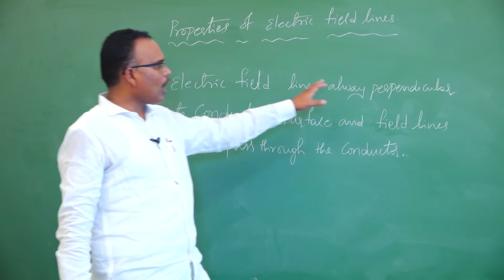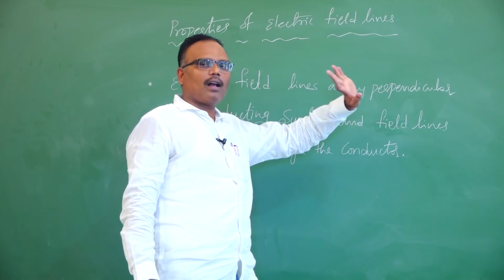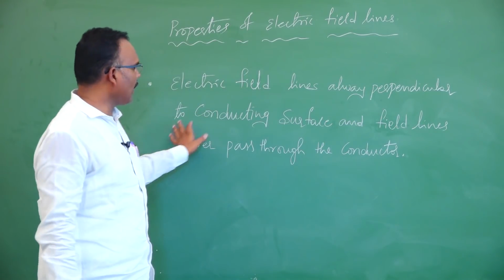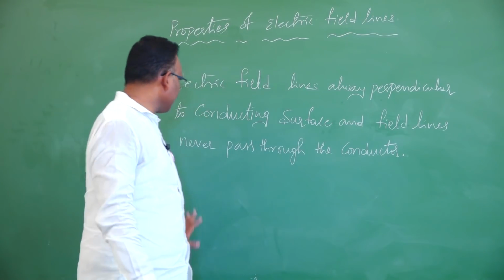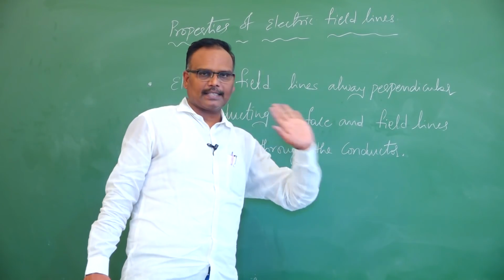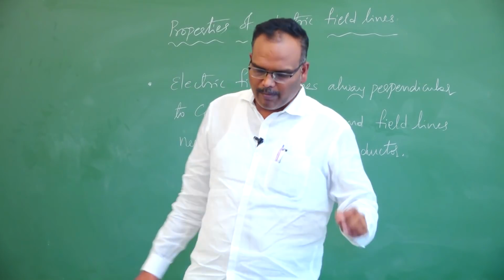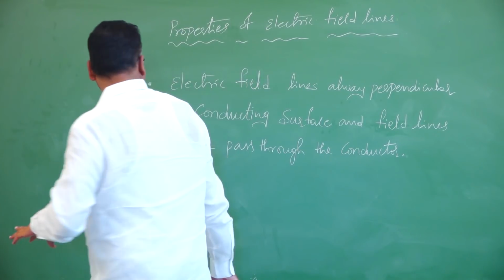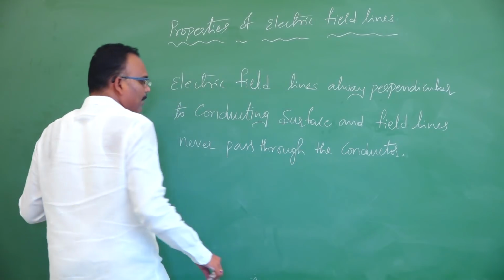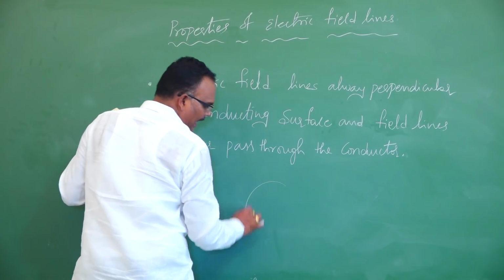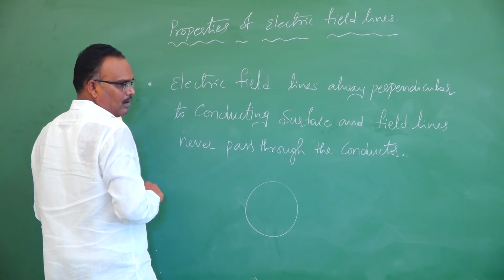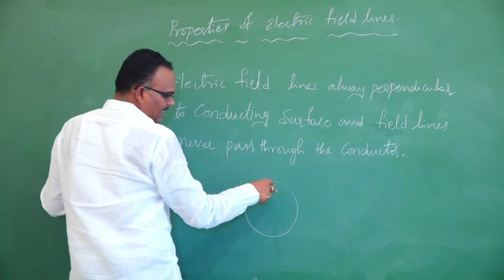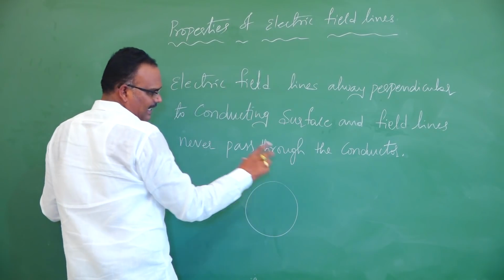Electric field lines are always perpendicular or normal to a conducting surface, and field lines never pass through the conductors. This is a very important point for competitive examinations. For example, if you take a conductor, it conducts the charge.